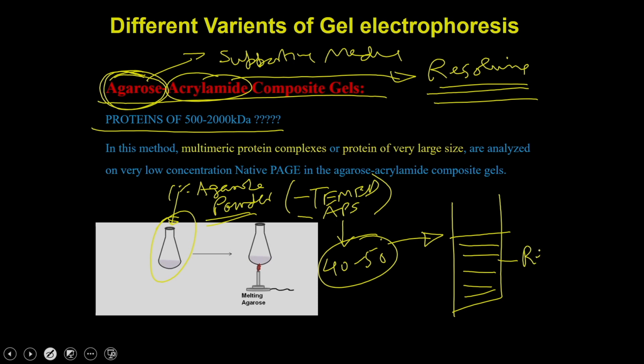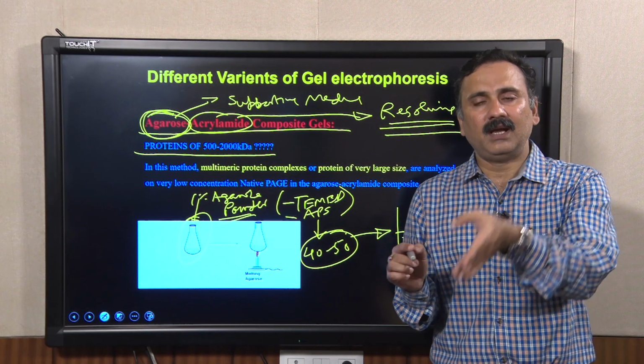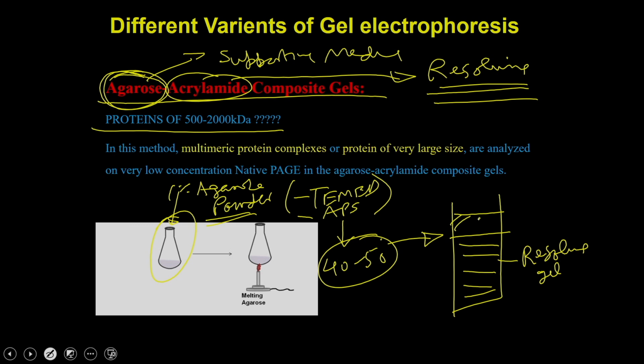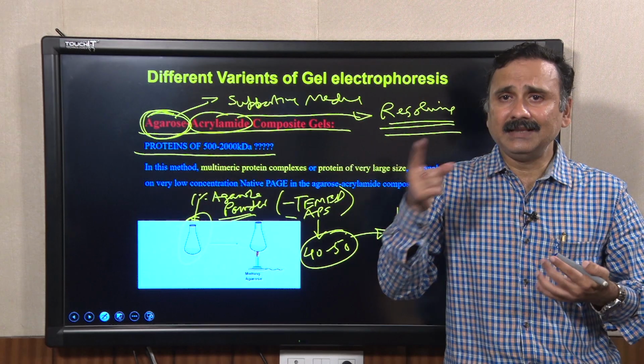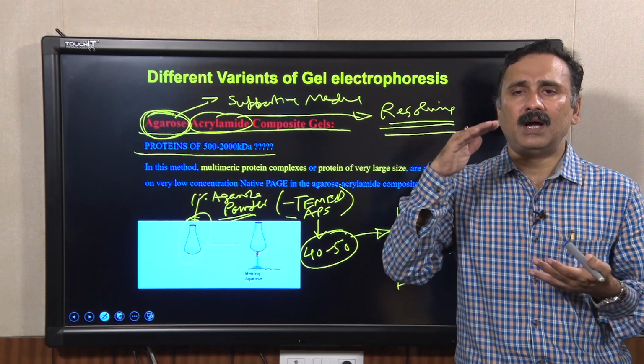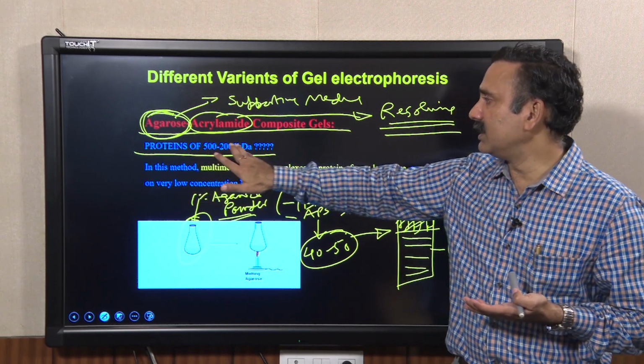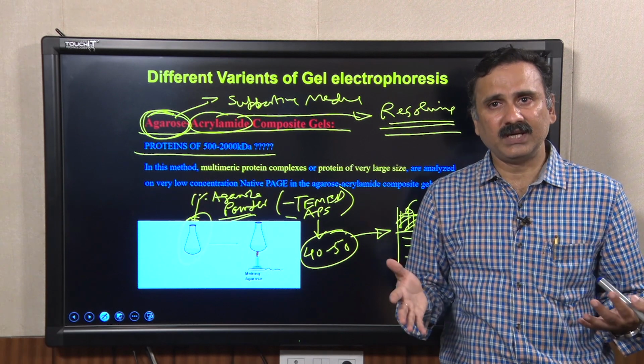So, you prepare a resolving gel where the acrylamide percentage is 3 to 4% and the agarose is 1%. Then you again cast the stacking gel, put in your comb to prepare the wells, and load the protein samples and resolve as we discussed for vertical gel electrophoresis. That gives you the option to resolve proteins of 500 to 2000 kilodalton molecular weight.